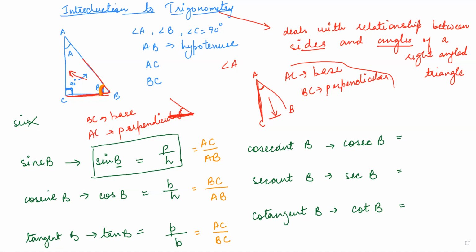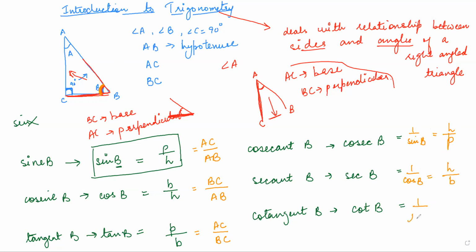Okay. Now the remaining three: cosecant is 1 upon sine B. So it is the reciprocal of sine. So sine is perpendicular by hypotenuse, so this becomes hypotenuse upon perpendicular, right? Similarly, sec is the inverse of cos B, so that becomes hypotenuse upon base.